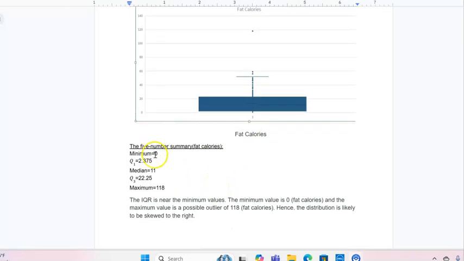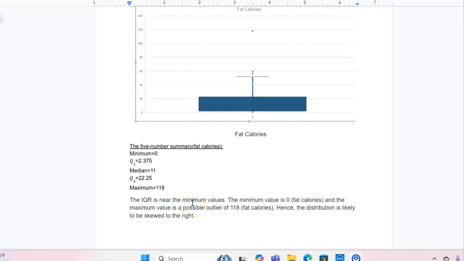The 5-number summary for this is going to be a minimum of 0, quartile 1 of 2.375, median of 11, quartile 3, which is going to be 22.25, and then a maximum of 118, which is going to be this dot right here.